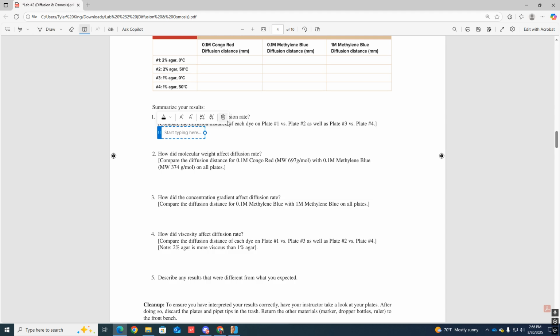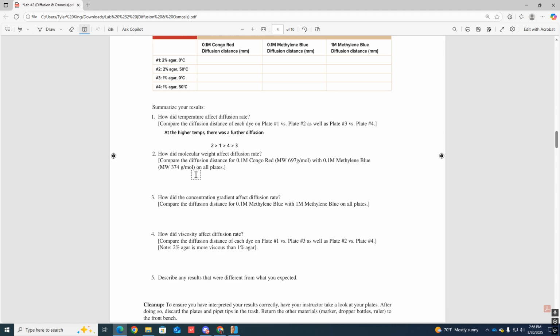At the higher temps, there was a further diffusion distance, as we would expect, right? What was the order that should have happened? Well, if everything went according to plan, what should have happened was 2 was greater than 1, and then 4, and then 3. That's what should have happened, okay?